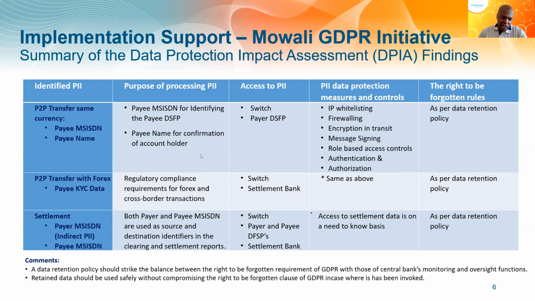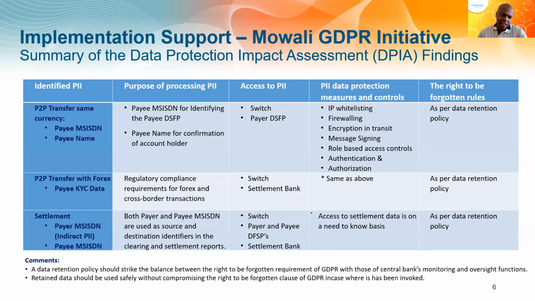And for each of those areas, we looked at the reasons for processing that data, and also a little bit of the controls that are in place. The overall findings are that they're pretty much covered in terms of the tools and controls available for them to secure that PII information.